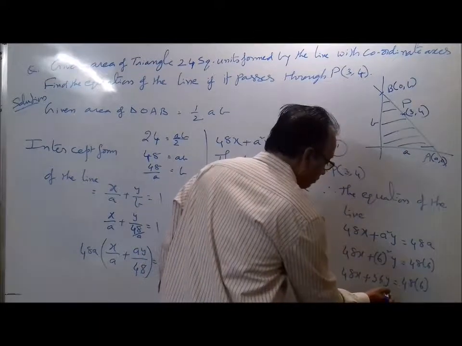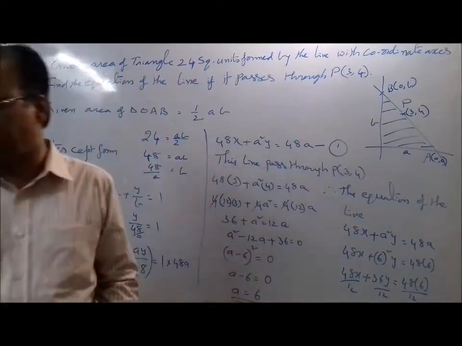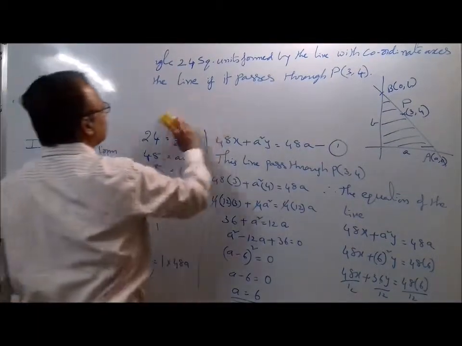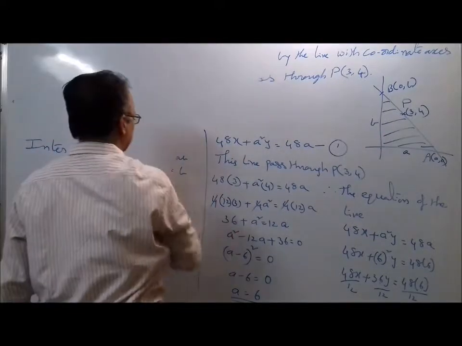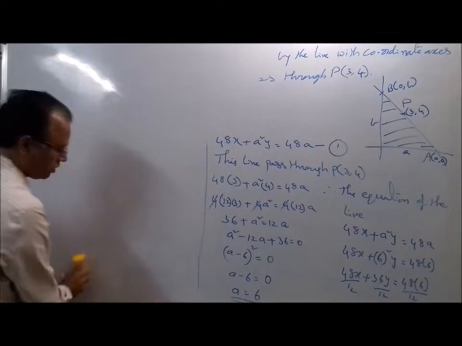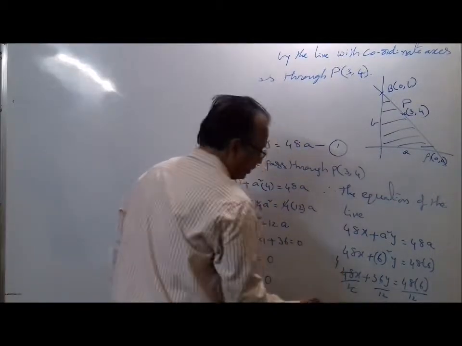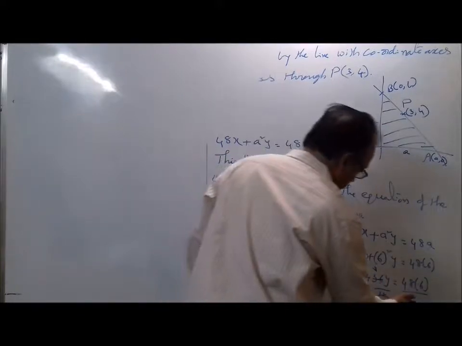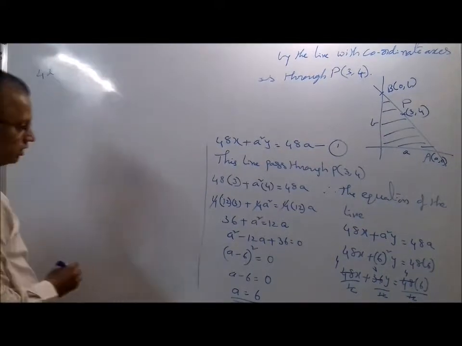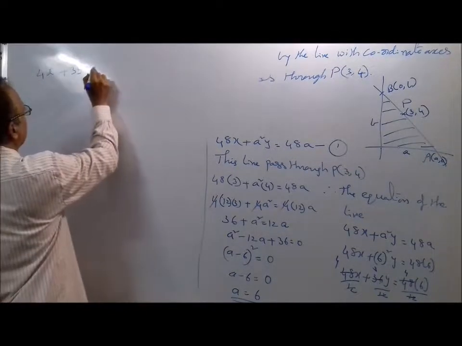So I divide by 12. That is 4x plus 3y is equal to 24.